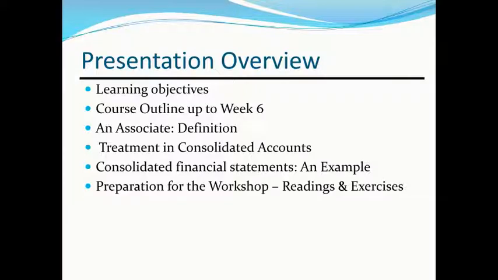And then we'll use a practical example to explain how to prepare consolidated financial statements, which include an associate and a subsidiary. And then we finally move to the preparation for the workshop this week, which includes reading, the background reading, and also the exercises that you need to solve before coming to the workshop.